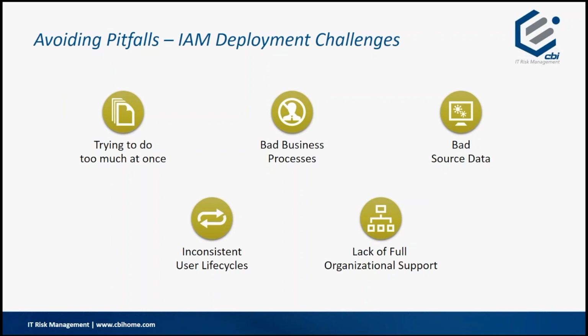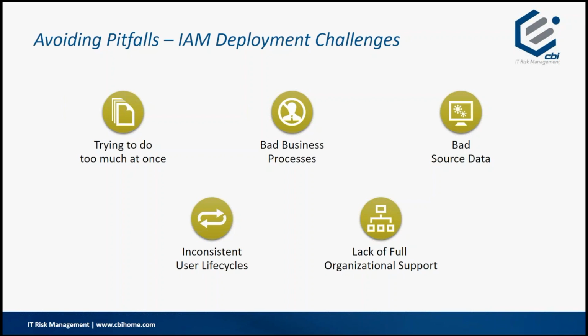Automating bad business processes and bad source data. Much like any other technology, garbage in, garbage out. So if you have inconsistent user data, if you have bad business processes that you're trying to make your IAM solution do, then you're going to fight it all the way, and you're going to be faced with complexities, overruns, and challenges. Inconsistent user life cycles is another one of those.